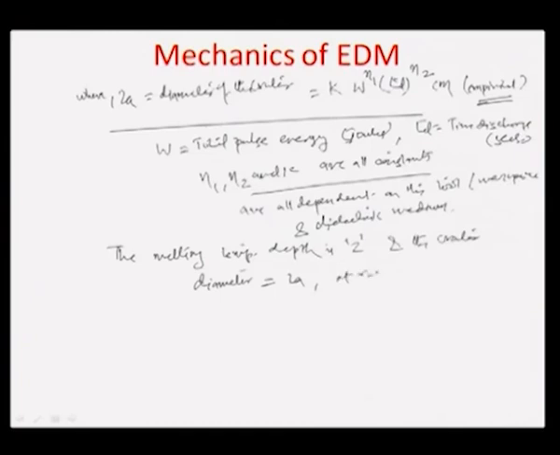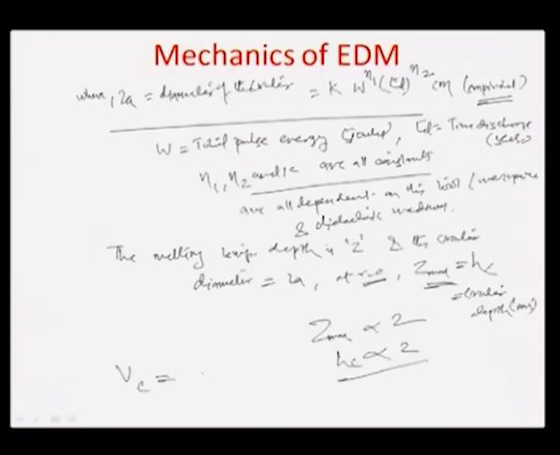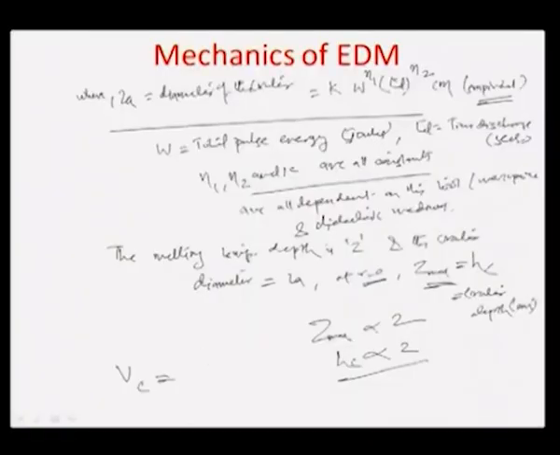and at r equal to 0, that means radius equal to 0, the maximum melting temperature depth Z maximum is given by Hc, which is actually the crater depth for all practical purposes in centimeters, and this Z max of course is proportional to Z, Hc is proportional to Z. So the total volume of the material Vc, which is removed or which is actually contained in the melt pool of this particular crater size of maximum depth Hc and total diameter 2a, is given by a very simplistic expression, and we will try to arrive at it just by using elemental analysis of the sphere.